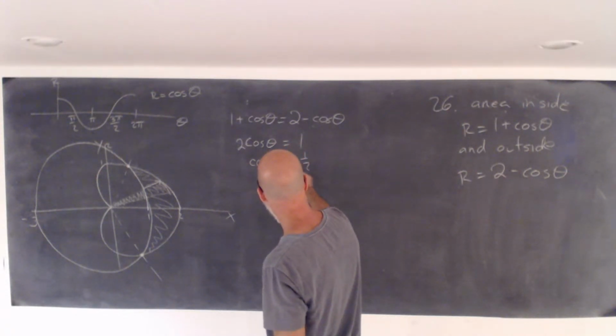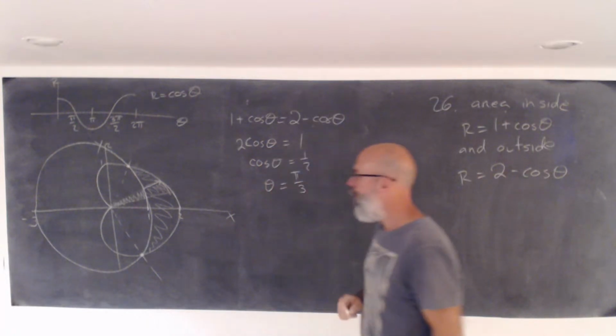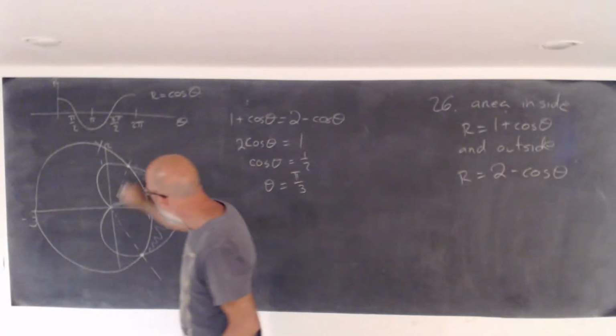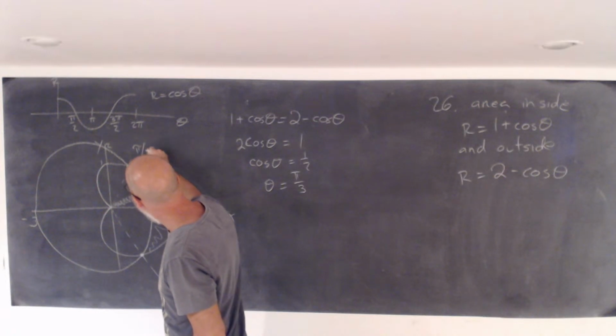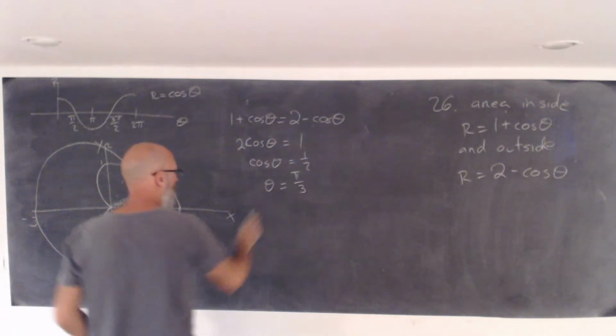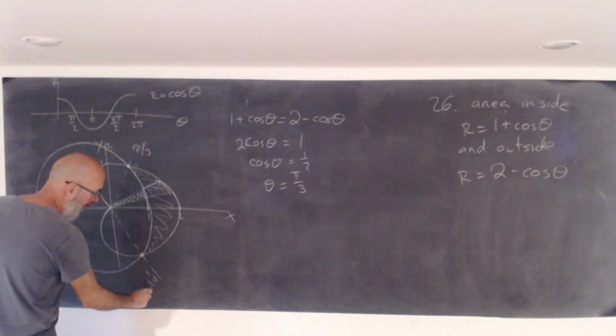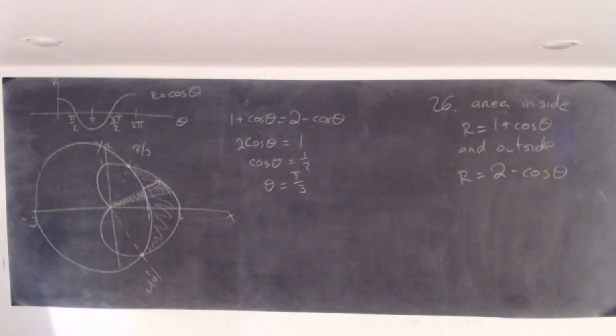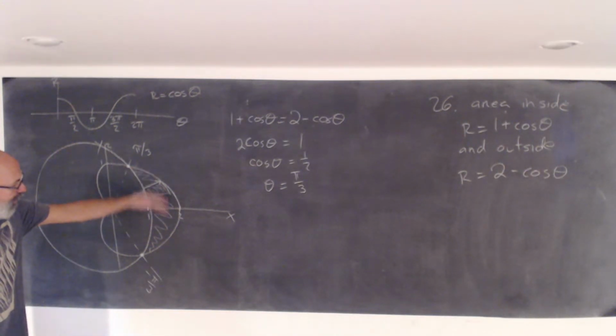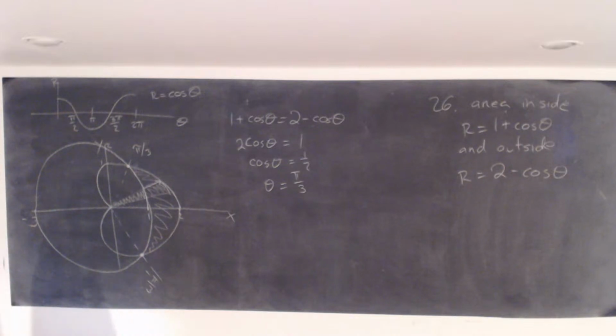And you know that to be pi over 3. So this is pi over 3. And of course, cosine is even, so this is going to be negative pi over 3. So you could go from negative pi over 3 to pi over 3. Or there's obviously some symmetry happening here.